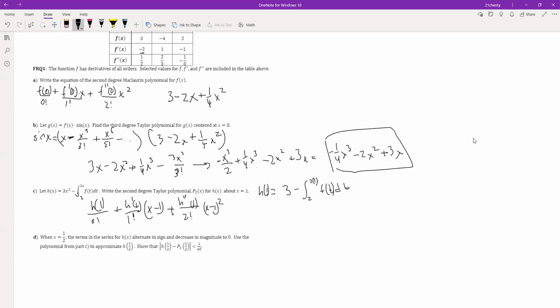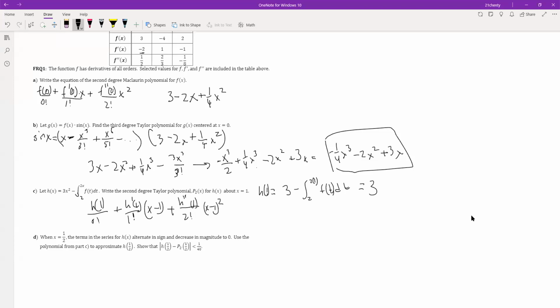Any definite integral that has the same lower and upper bound is going to be equal to 0. So this we can say is equal to 3.